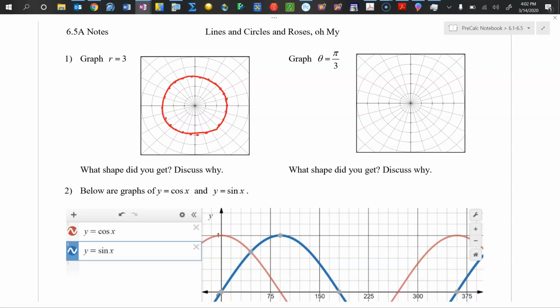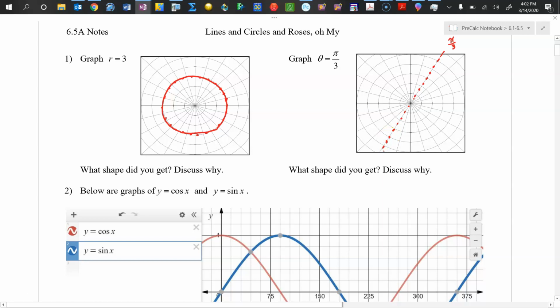Next to that, we're going to graph a polar graph that has no specification for r. So r could be anything, but the directed angle has to be pi over 3. So this is the directed angle of pi over 3, if you remember, from the polar axis. So any point along that line is going to be a directed angle of pi over 3.